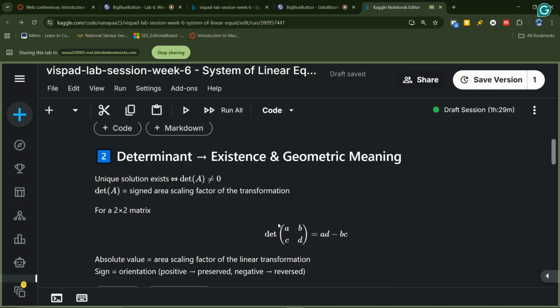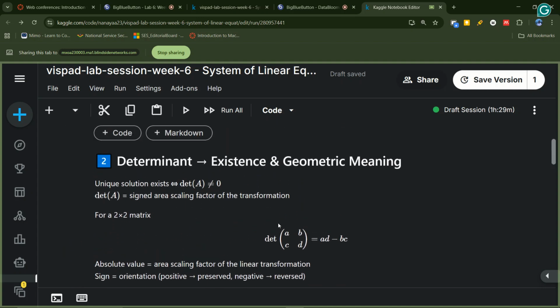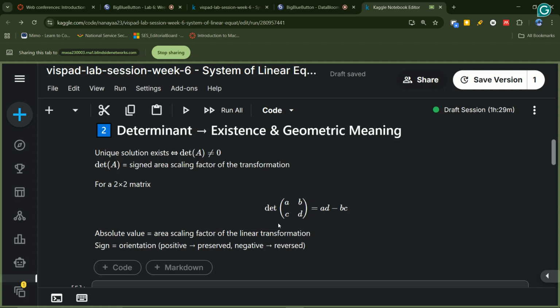Great. So we are getting to the second concept, that is determinants, their existence and geometric meaning. We'll get to understand this in a bit. A unique solution, of course, exists if the determinant of your matrix A is not equal to 0. You agree, right?